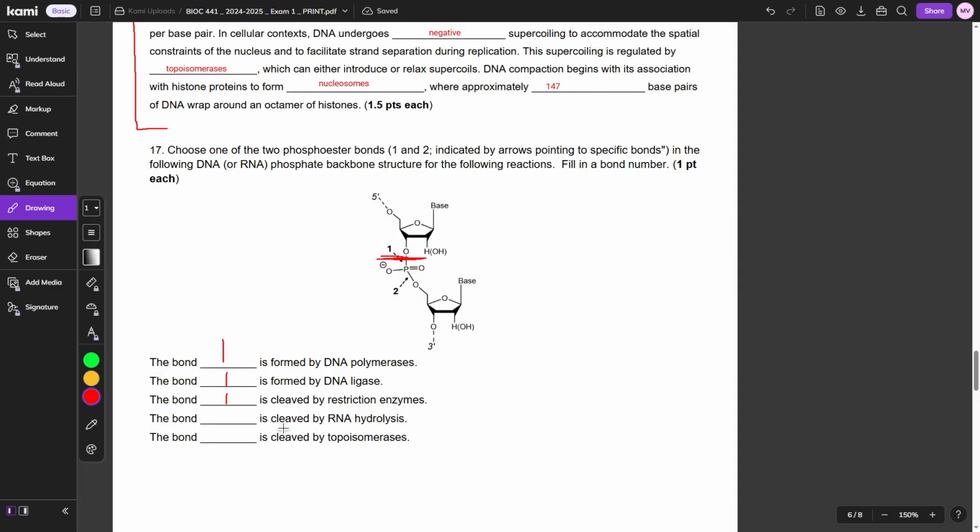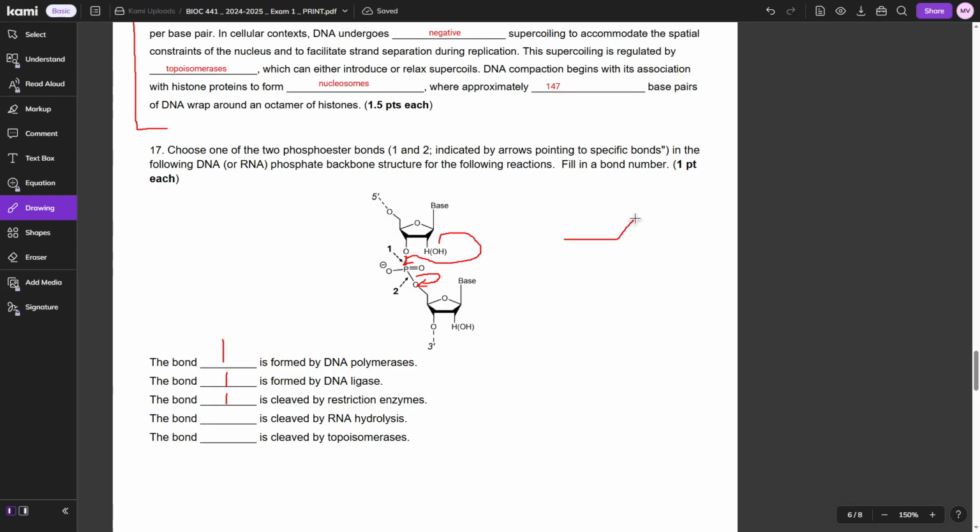The bond blank is cleaved by RNA hydrolysis. Okay, this one, remember, self-hydrolysis is when this O comes here, attacks here, and kicks off this bond. So bond 2 is the one that's cleaved by RNA hydrolysis.